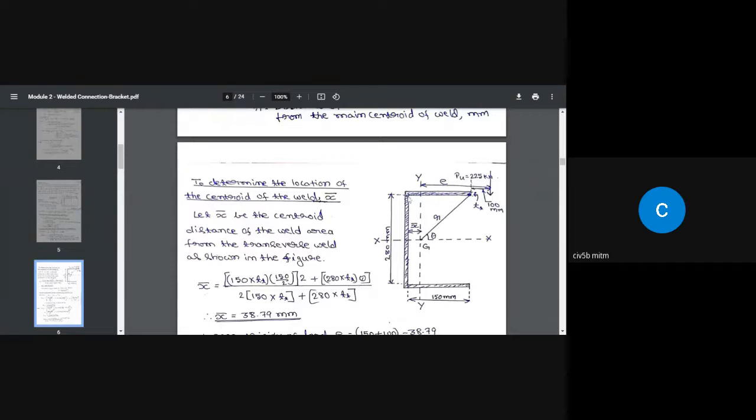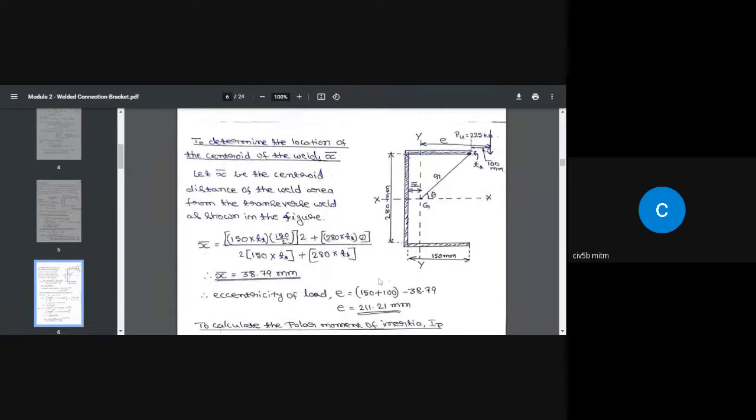Plus, there is another weld here, 280 multiplied by tt, the throat thickness. I have taken the distance as 0, divided by the total area of the throat of the weld.